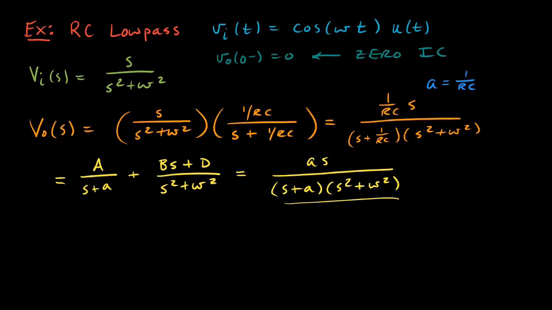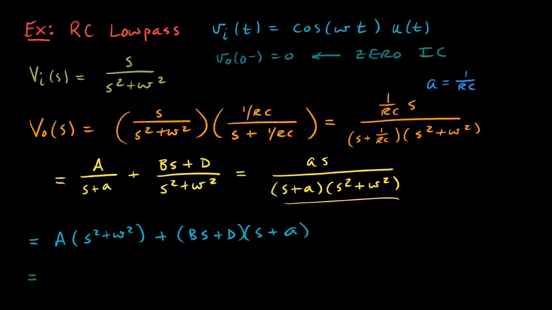I'm going to get something that looks like A onto S squared plus omega squared plus BS plus D onto S plus a.